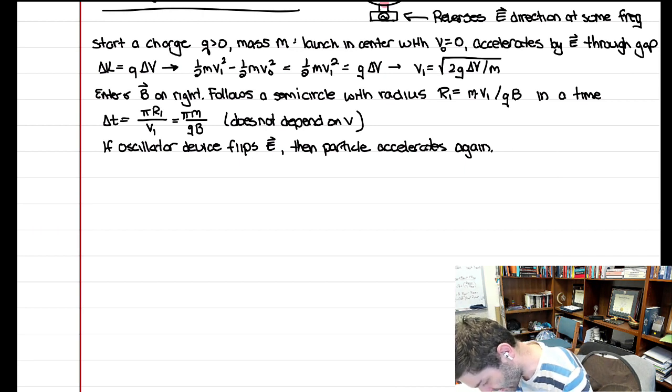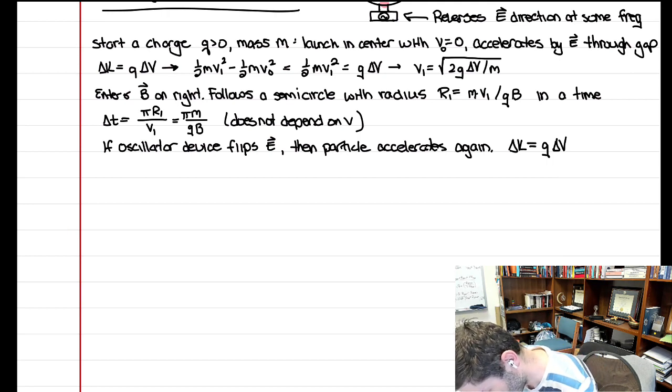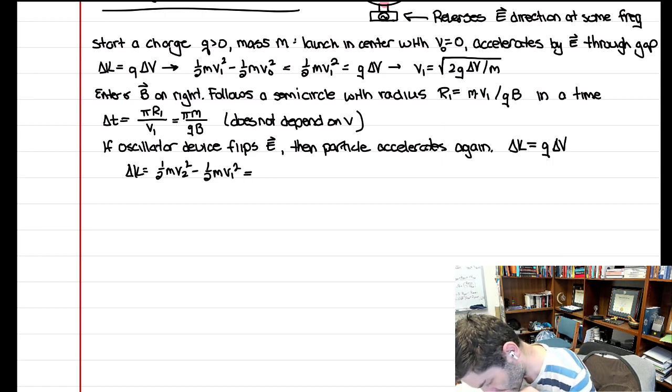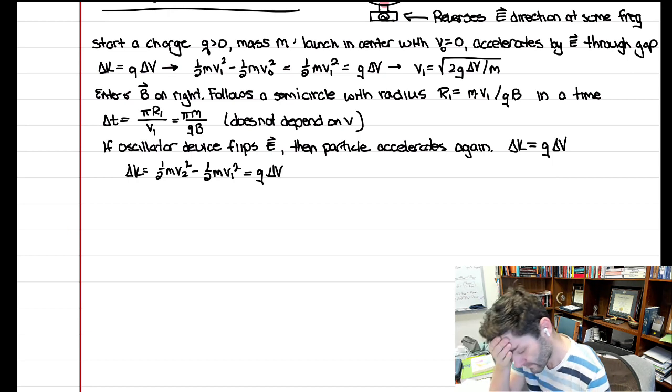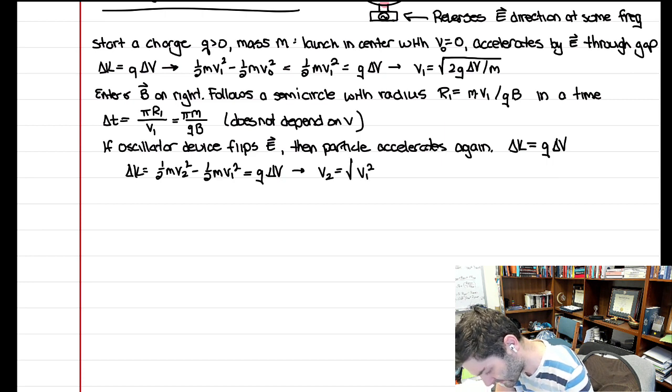So then the change in kinetic energy is again q delta V. And so that change in kinetic energy is now 1/2 m v2 squared minus 1/2 m v1 squared equals q delta V. You can then solve and find that v2 equals the square root of v1 squared plus 2q delta V over m.